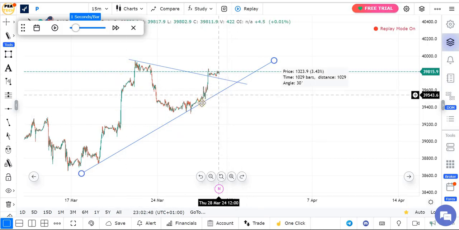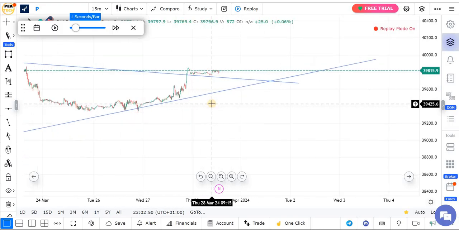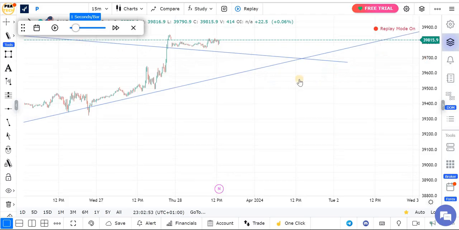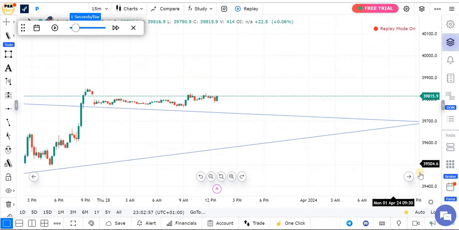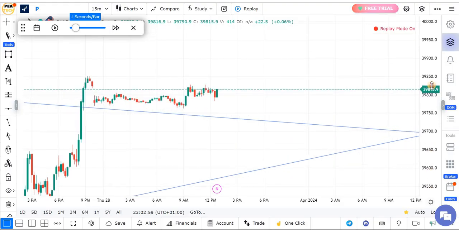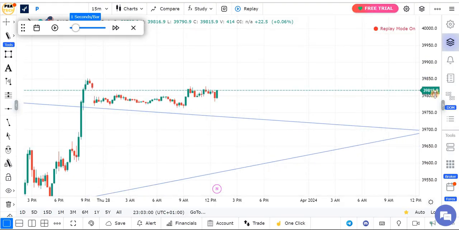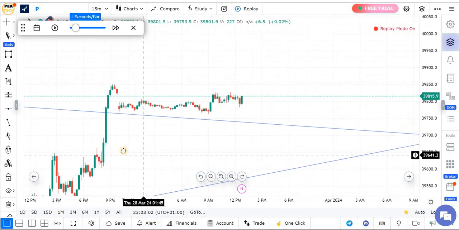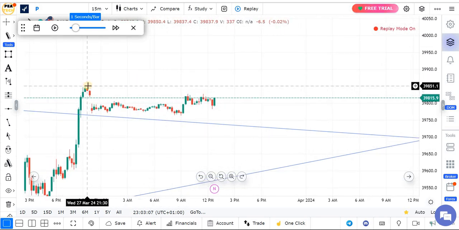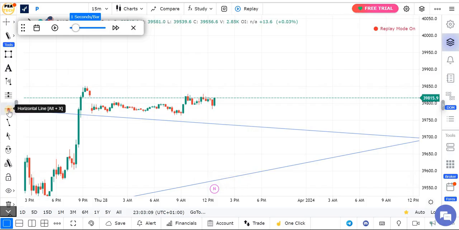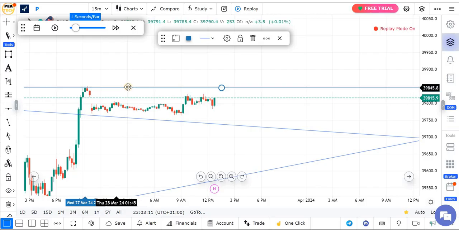Let's zoom out so you can see our chart properly. What we are looking for here is an opportunity to either buy or sell. Here is the high that was created, and this is the low.